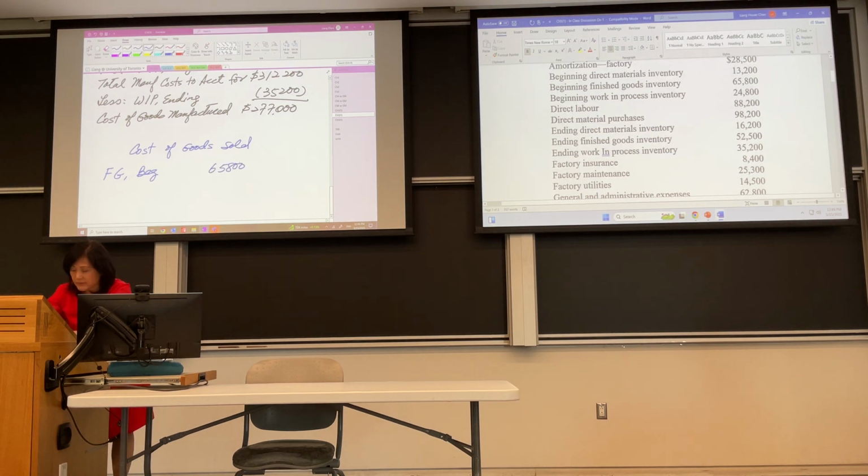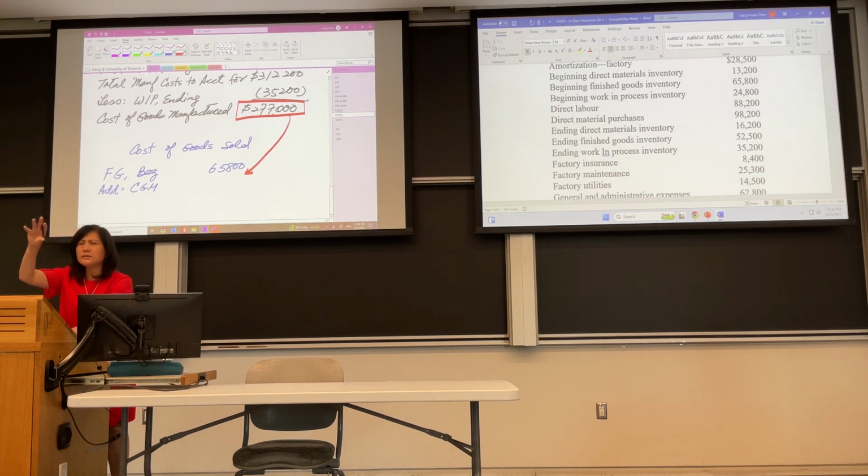Finished goods beginning inventory is 65,800. We add additional production, cost of goods manufactured. Okay, so this one come in here. That's why one step at a time, one link to another. Okay. 277,000. This is called goods available for sale.